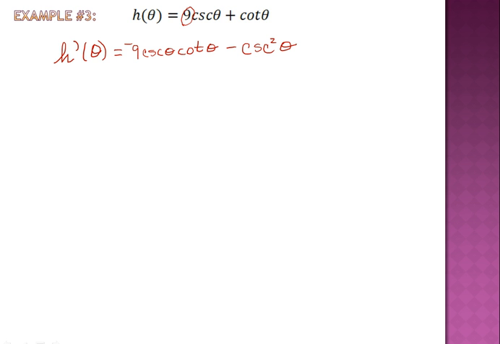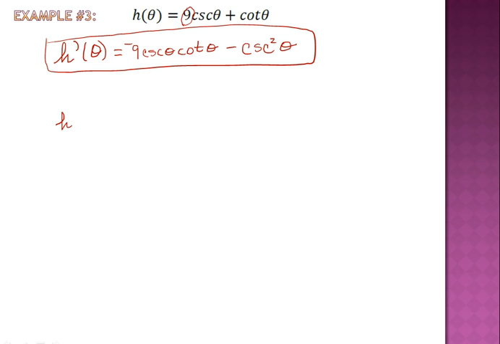Trigonometry is unique in the fact that we can simplify it in many different ways. This is an acceptable answer, but I can also look at it in terms of sine and cosine. So reminding you of some of your identities, I have h prime of theta is equal to negative 9. Cosecant is 1 over sine, and cotangent is cosine over sine. So that gives me sine squared on the bottom, and then cosecant is 1 over sine squared.